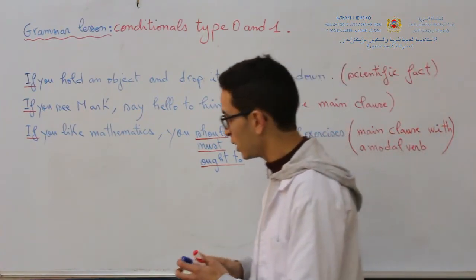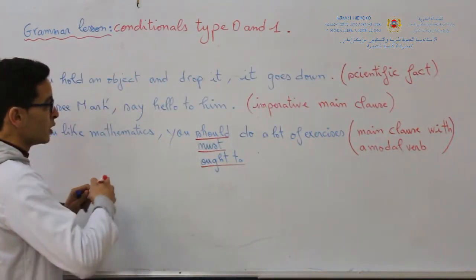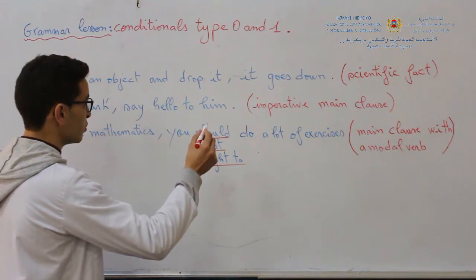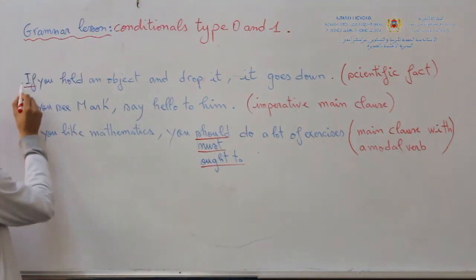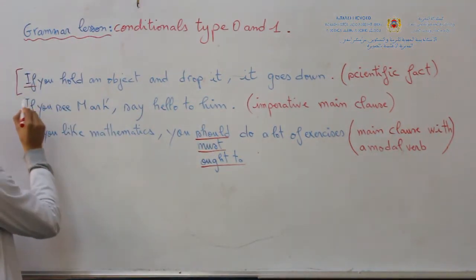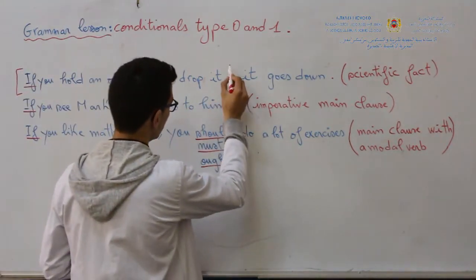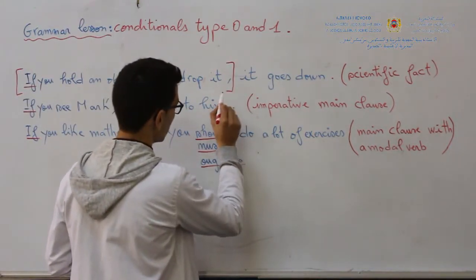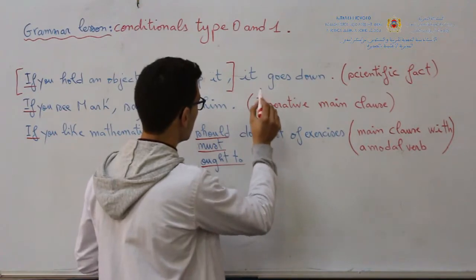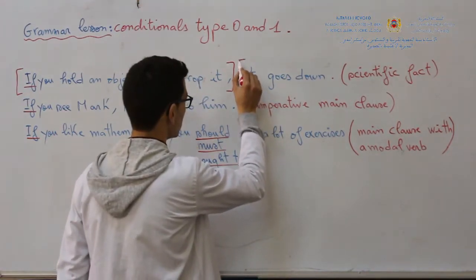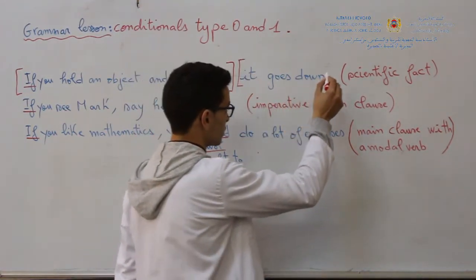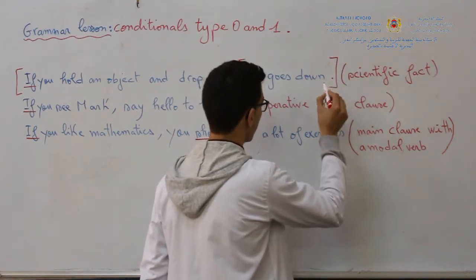Just before I forget, I have to underline the main clause and the if clause. The if clause starts from here and ends at the comma, and the main clause starts in the second part.